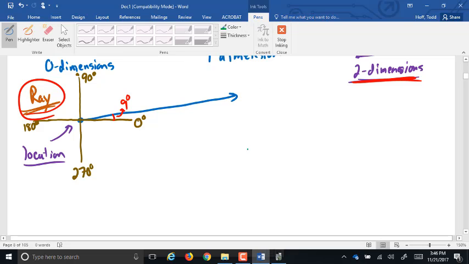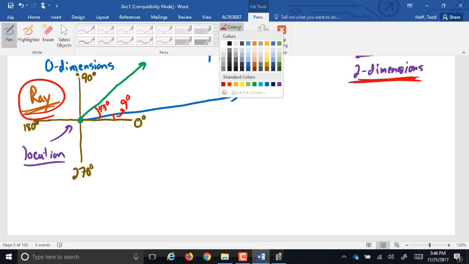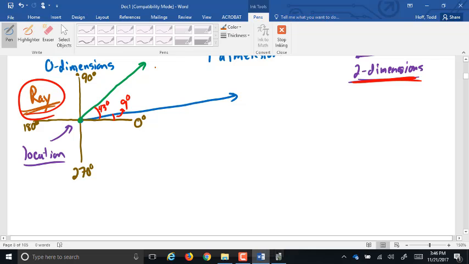Well, if I take that same starting point and I go in a different direction, I create a different ray, and this different ray has, of course, a different direction. Let's say that goes off at 43 degrees. Those 2 rays together can combine to make something called an angle.